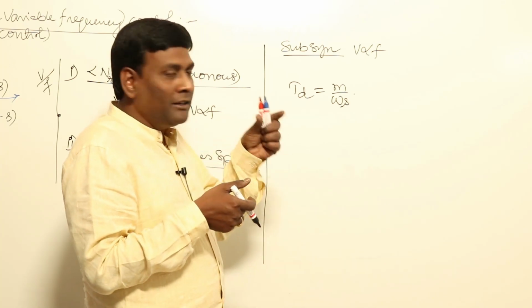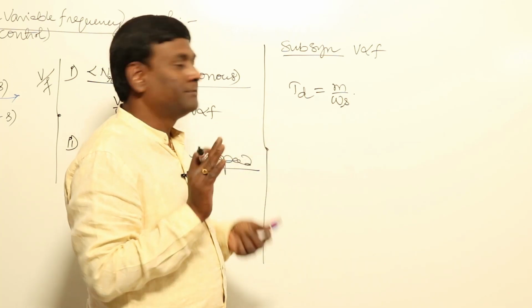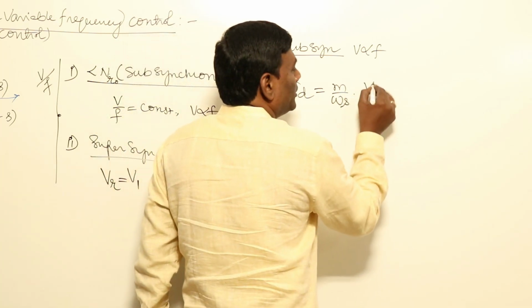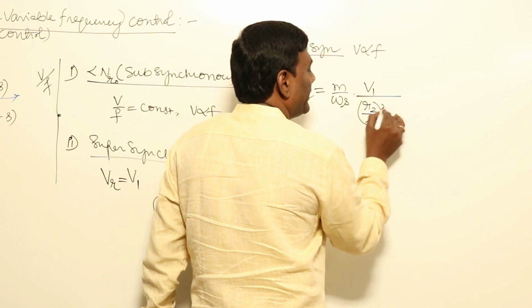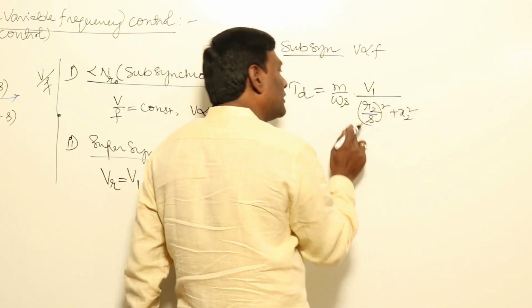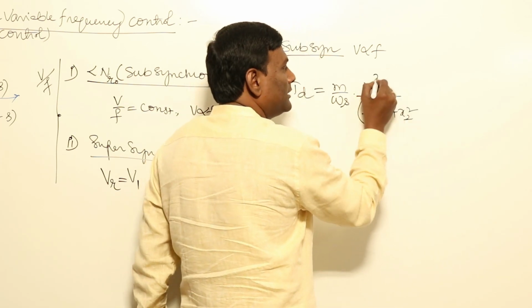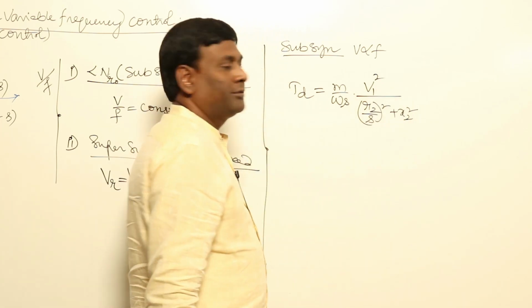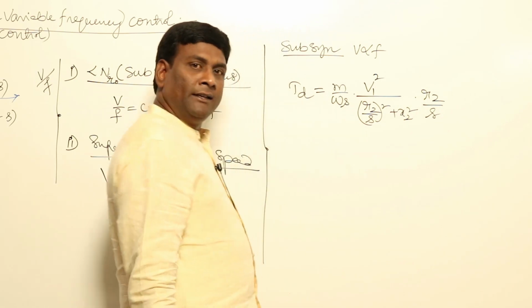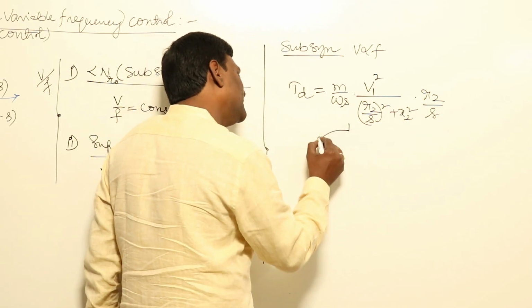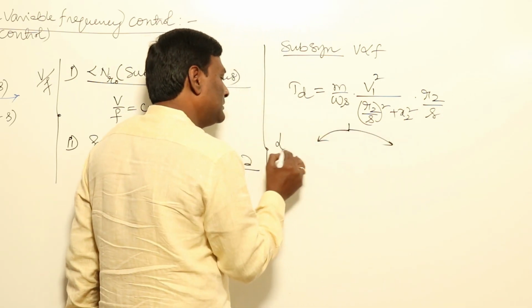So V1 will be there, X2 will be there, R2 by S will be there. I2 is V1 divided by the square root of (R2 by S) square plus X2 square. I2 square is this, into R2 by S. In this we have to divide into the low slip region and the high slip region.